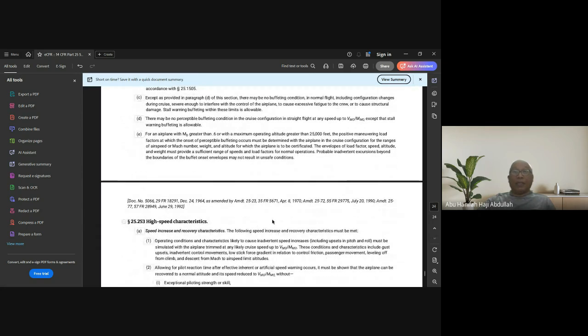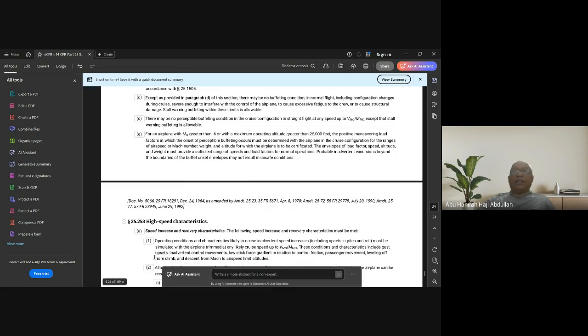High speed characteristics, speed increase and recovery characteristics. The following speed increase and recovery characteristics must be met. Operating conditions and characteristics likely to cause inadvertent speed increase must be simulated with the airplane trimmed at likely cruise speed. So any action which inadvertently increases speed.